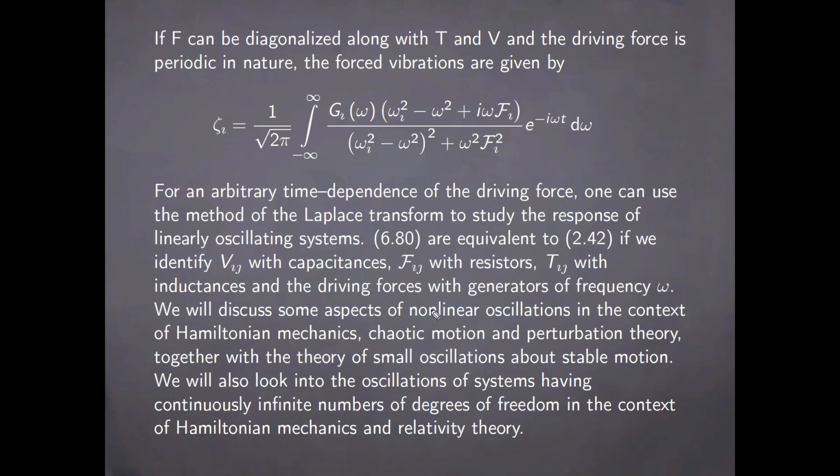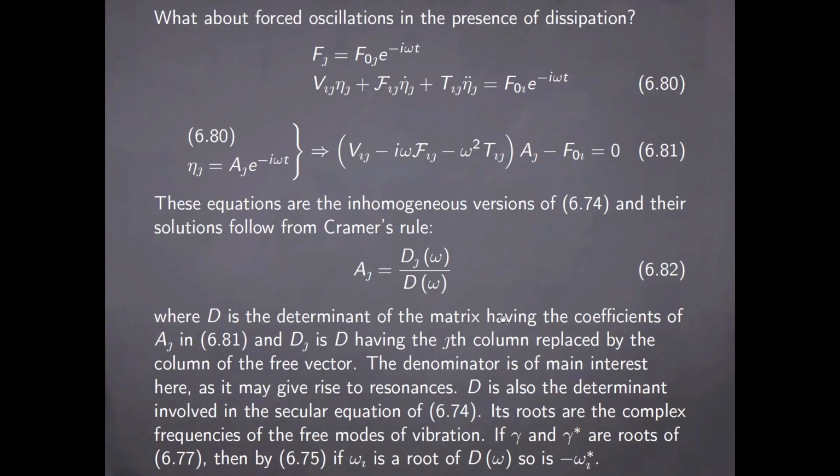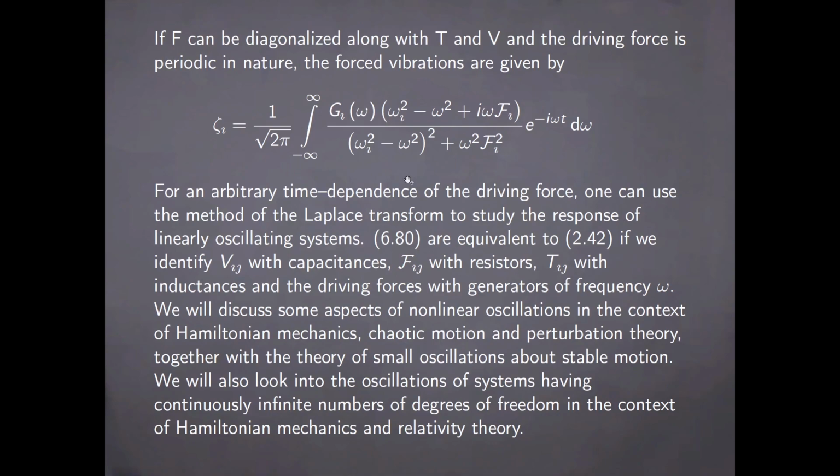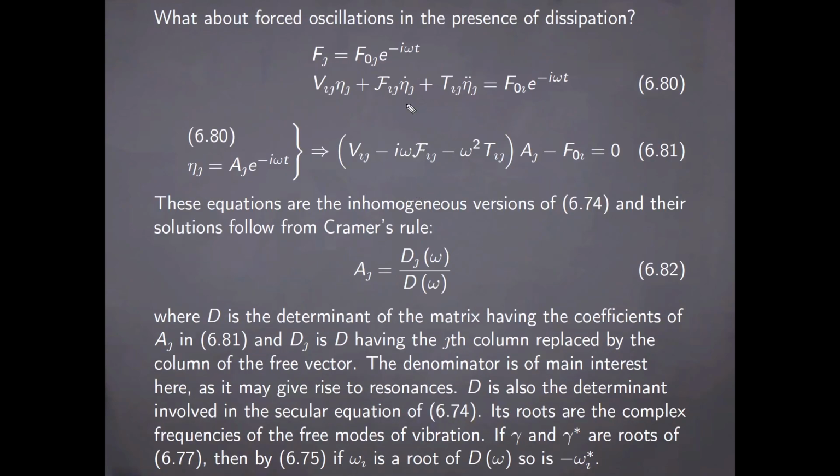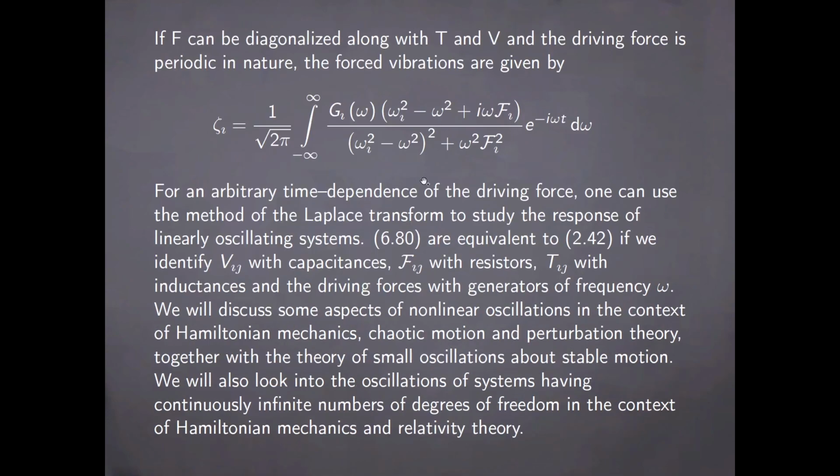And the equations 680 are the ones here. So the ones for small oscillations featuring both forced vibrations and dissipation. These are equivalent to the equations we found back in chapter 2, so equations 242.